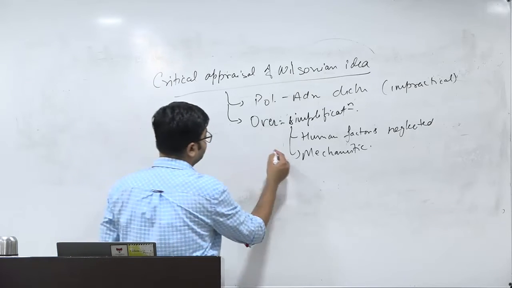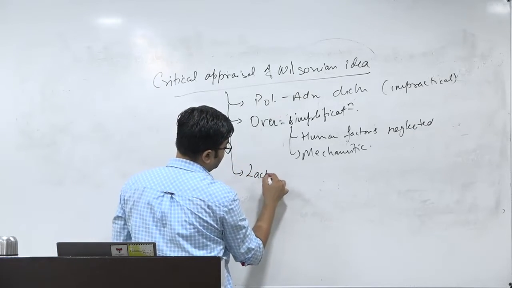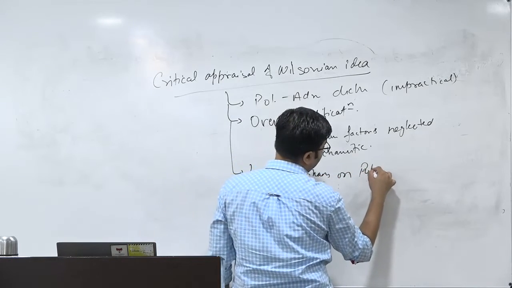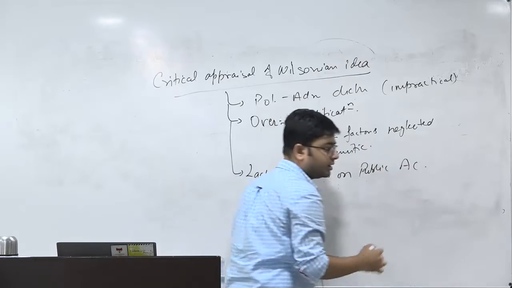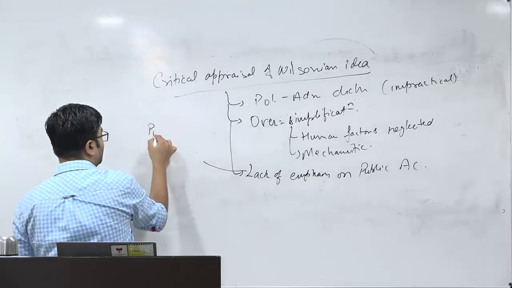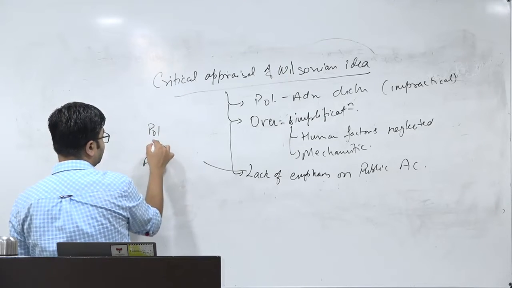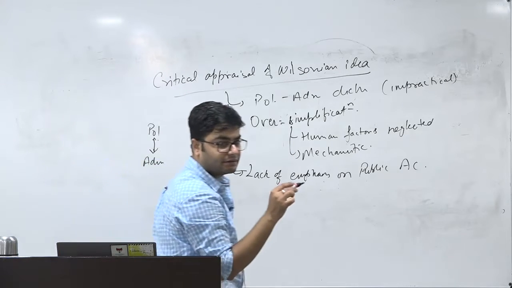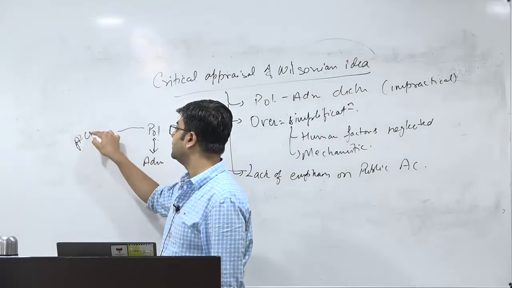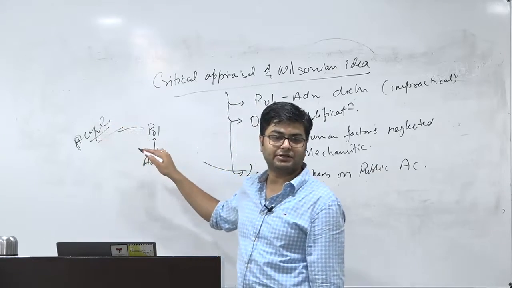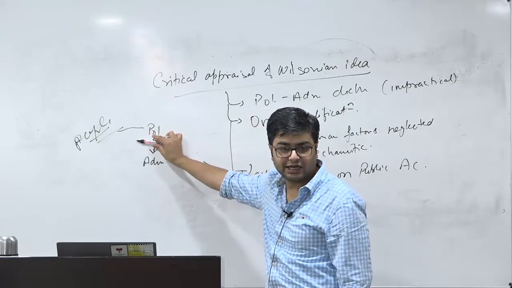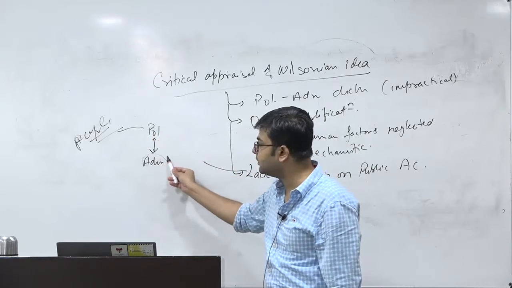Next, lack of emphasis on public accountability. You see, it is coming again from the dichotomy itself. When politics and administration are getting separated, the politics is accountable to the people through the democratic means, right? Elections, other means. When you have a separation here, how will you ensure this accountability?